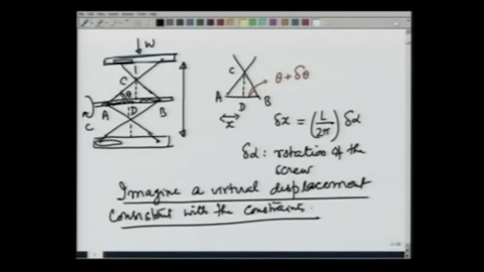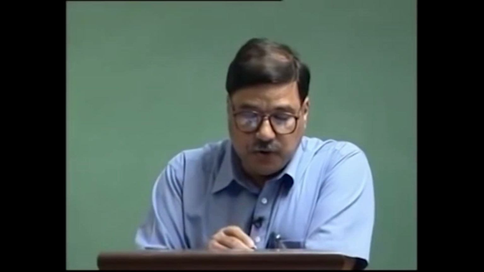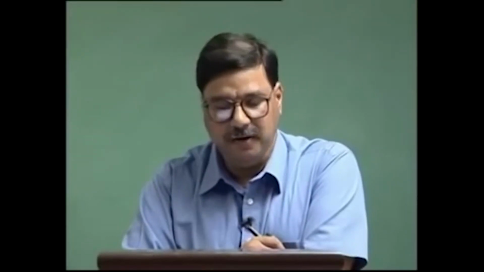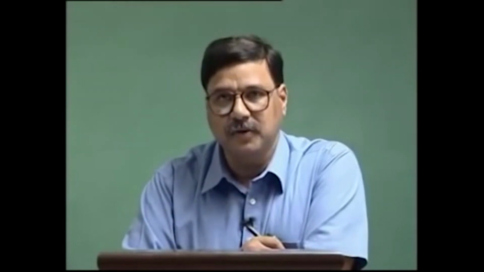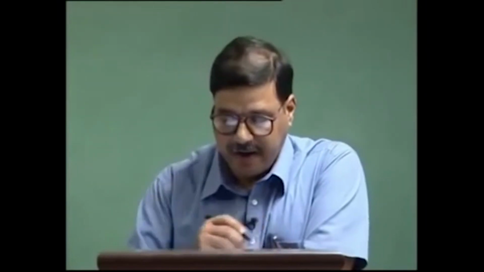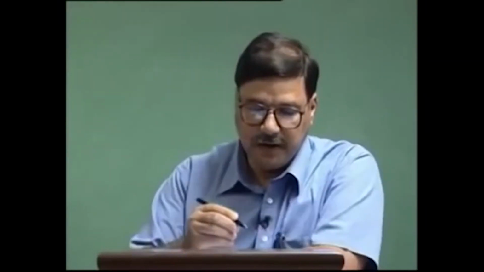And that virtual displacement is going to be rotation of the screw by an angle delta alpha, and that causes shortening of the distance between A and B and increase in the distance C and D. From that I can calculate the virtual work done by applying the torque and the virtual work done against the weight, and making the sum total of that virtual work 0 would give me a relationship between the torque C and the weight W. Let us calculate that now.